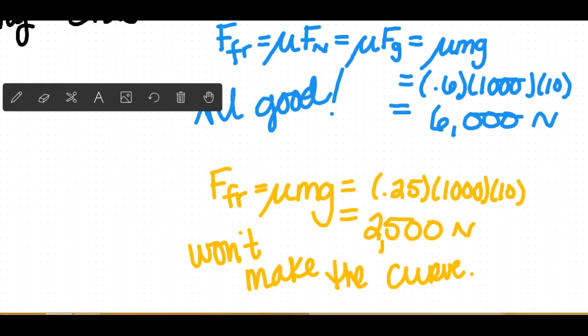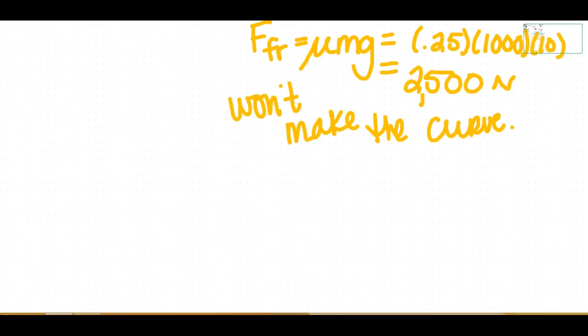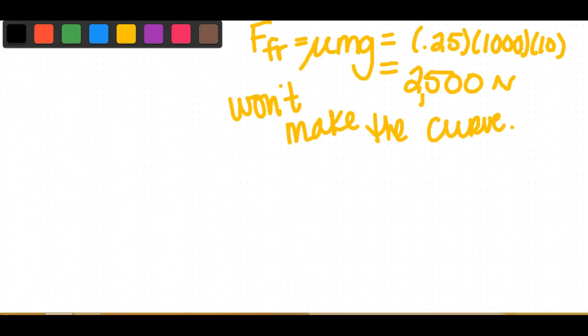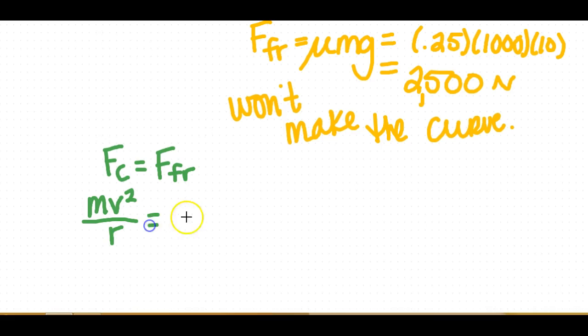Now what we want to figure out then is if the road is icy, exactly how fast do we have to go in order to make it? Now at the previous part of the problem we said that centripetal force has to at least be equal to the force of friction. So this is the relationship that we're going to use right now. So the centripetal force formula, mv squared over r, is going to be equal to the force of friction that we have right now, which is 2,500.